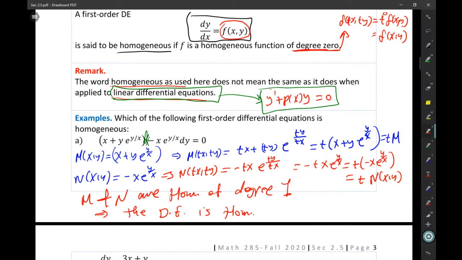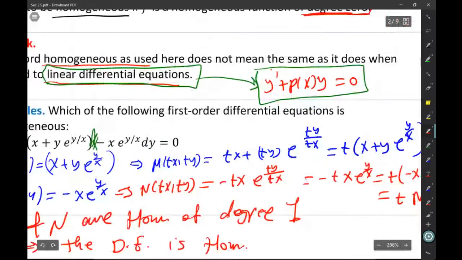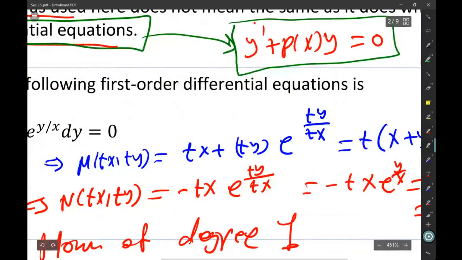Is this example clear? Doctor, yes, here I didn't understand this step in the first one, m of xy, t of x plus y e to the power y/x. Look here. This t will cancel this t.